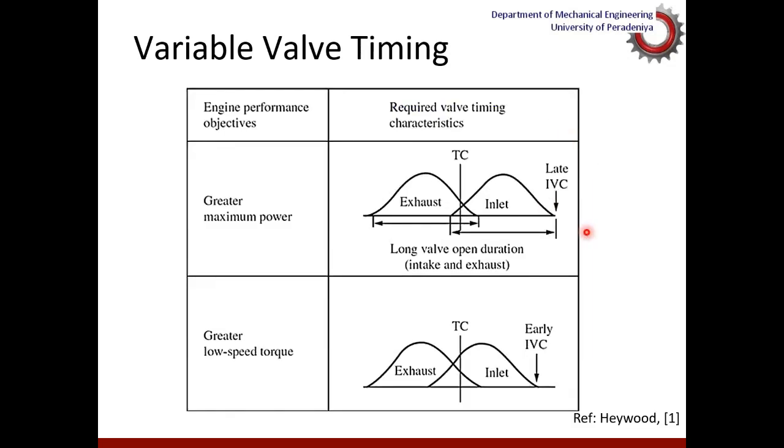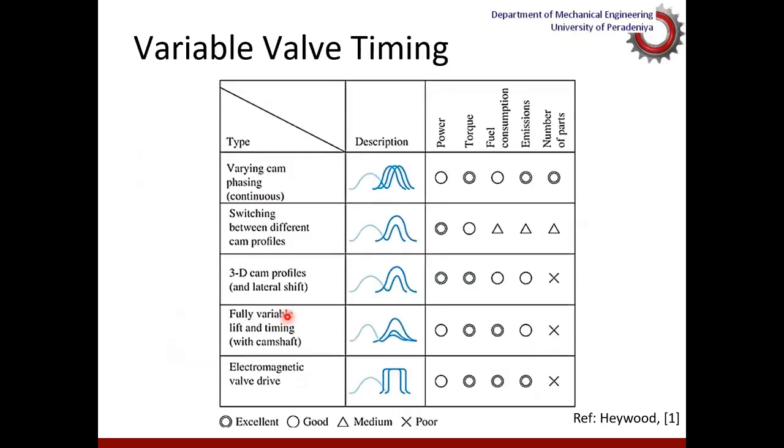So this is one such system. The late inlet valve closing or the longer valve open duration would enable greater maximum power, and early intake valve close would enable better performance under low speed and low torque conditions. So these are some of the technologies used for variable valve timing in the industry.